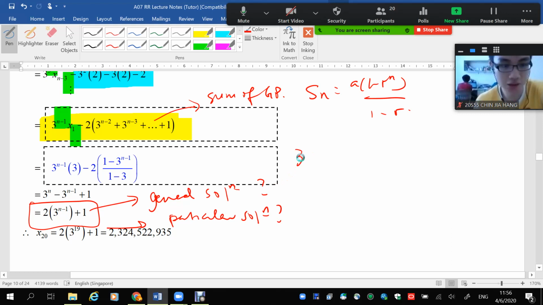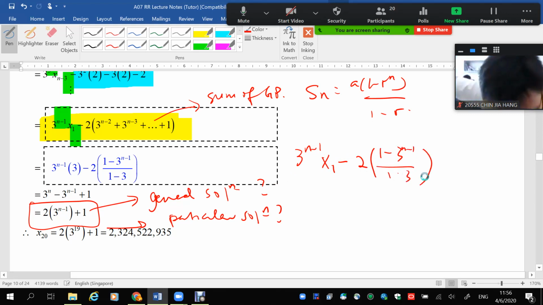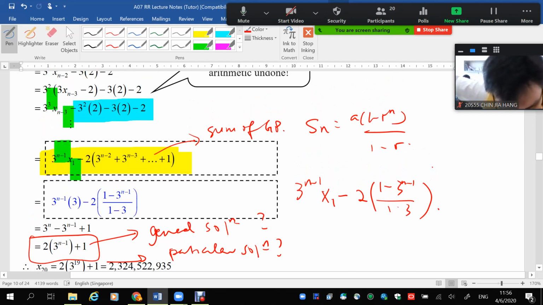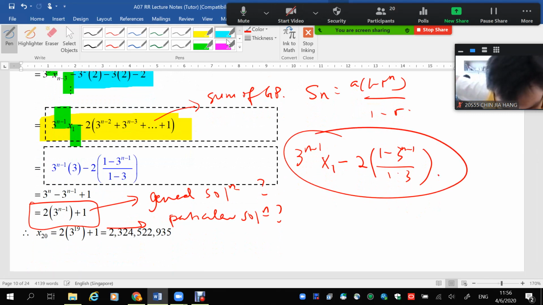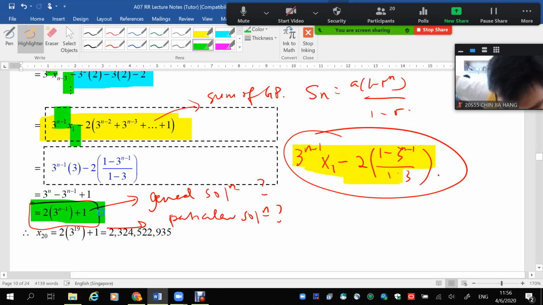It will actually be 3^(n-1) x1 minus 2, (1 minus 3^(n-1))/(1 minus 3). That will be your general solution. So in color, yellow is general, green is particular solution.